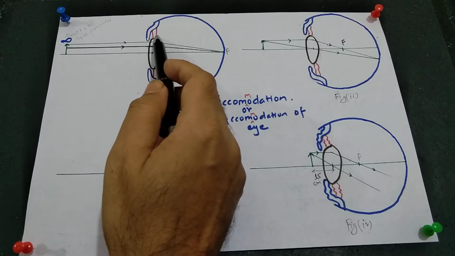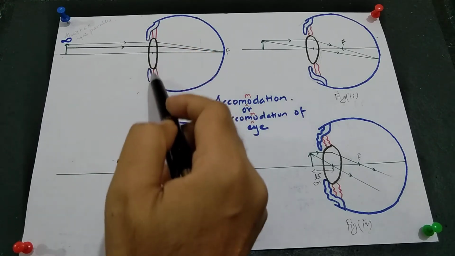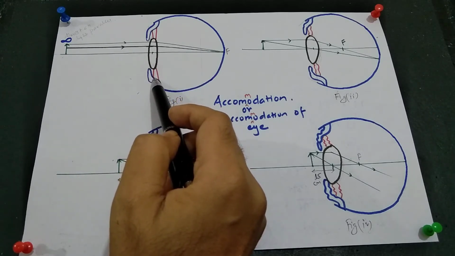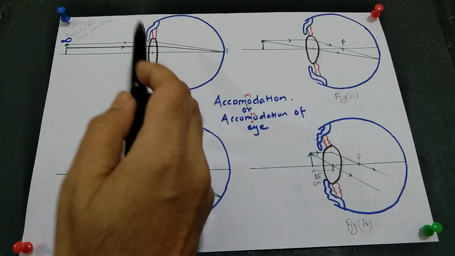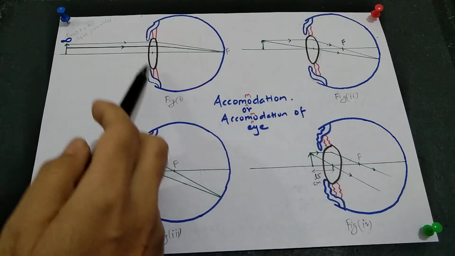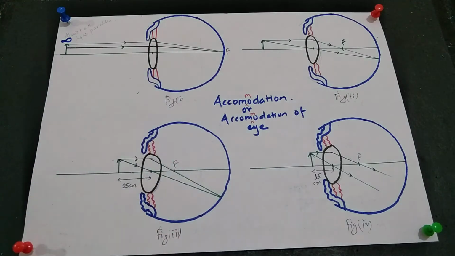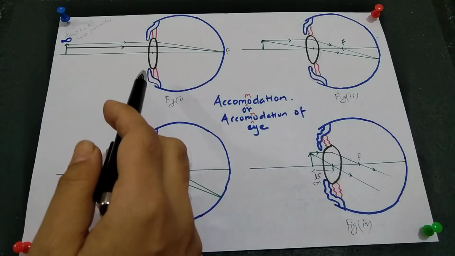This red thread-like structure is connected to the lens and the ciliary muscle at both the ends. Now let us go to the ray diagram to understand accommodation.